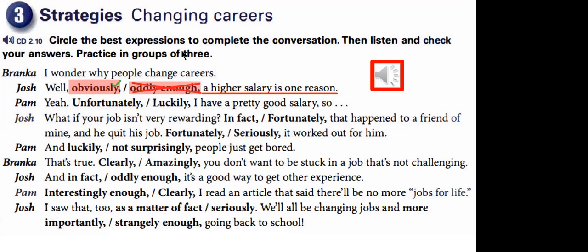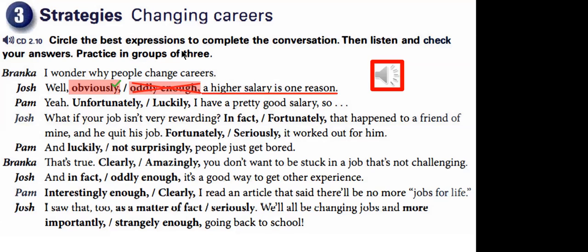I wonder why people change careers. Well, obviously, a higher salary is one reason. Yes. Luckily, I have a pretty good salary.